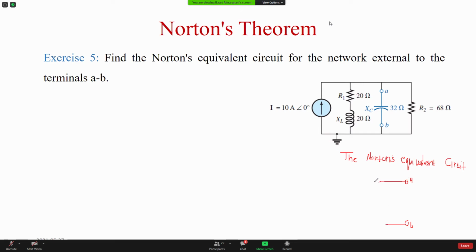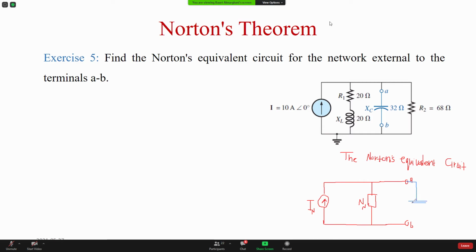I'm going to have an impedance, and it's called Zn. I'm going to have a current source, and it's called In. Now, why do you have impedance? Because the original circuit is AC. So the equivalent circuit has to be AC as well. And at the end, I'm going to connect my capacitor between these two.